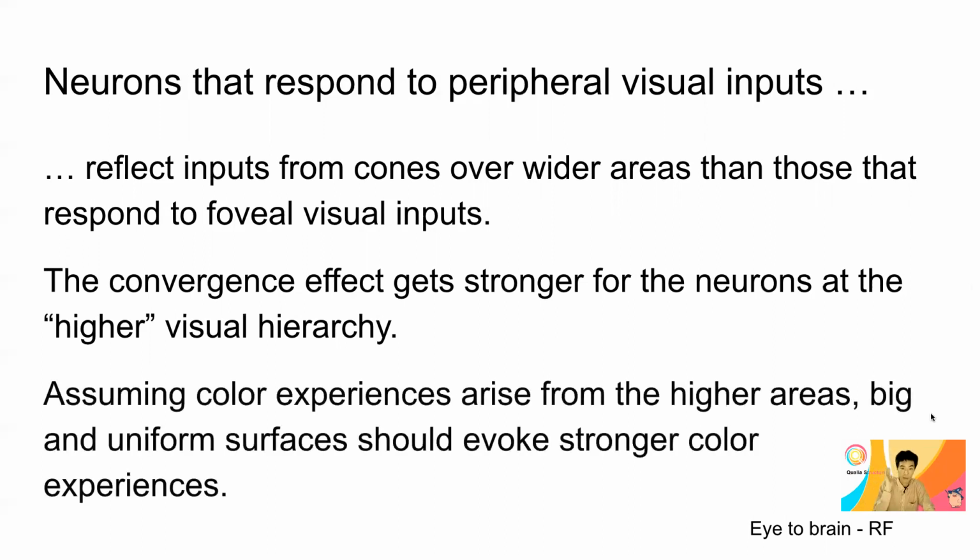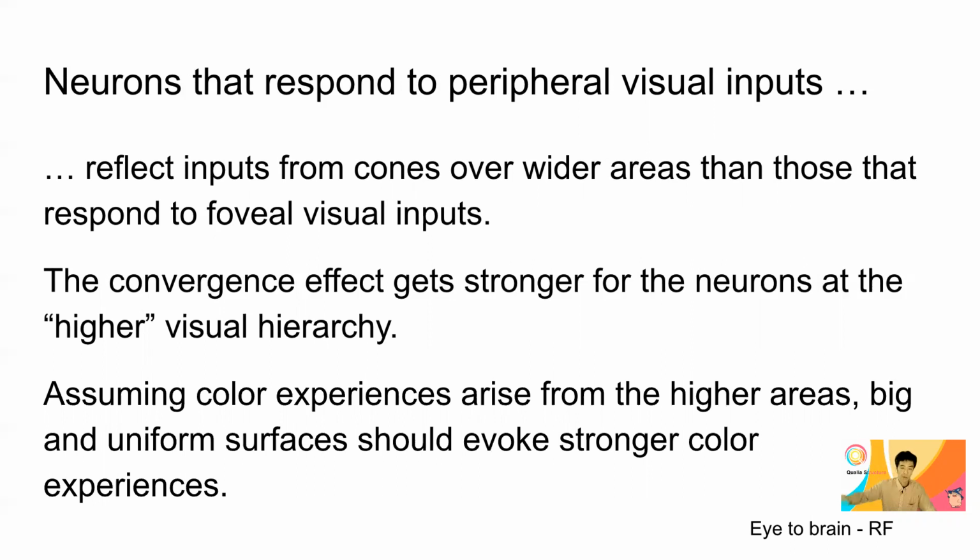So assuming that the color experience arises from somewhere in the higher areas, and that's a part that I'm going to explain in the next few weeks, then a big and uniform surface should evoke a stronger color experience. So even though I said that maybe the blue color in the sky is memorized or expected, and that guarantees this blueness in the sky, there's no necessity to invoke that kind of expectation or memory.